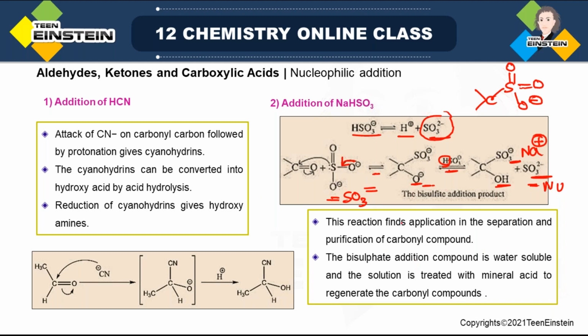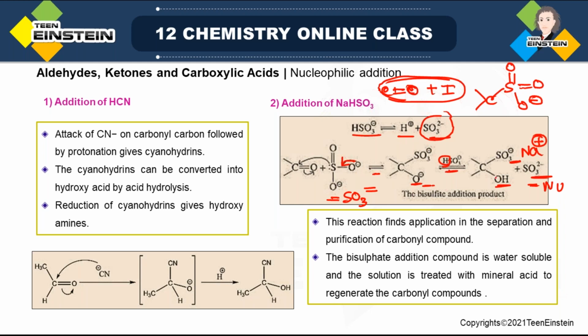Suppose you have any carbonyl compound, aldehyde or ketone, mixed with some impurity. In general, I am writing it as C=O with some impurity I. Now if you treat this mixture with NaHSO3, only the carbonyl compound will react with NaHSO3, not the impurity.